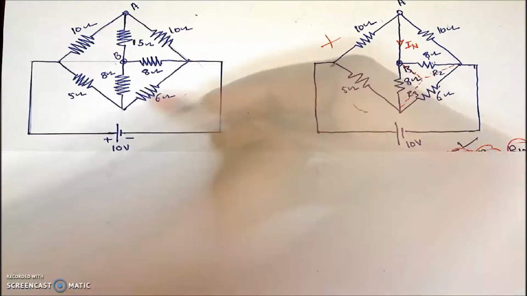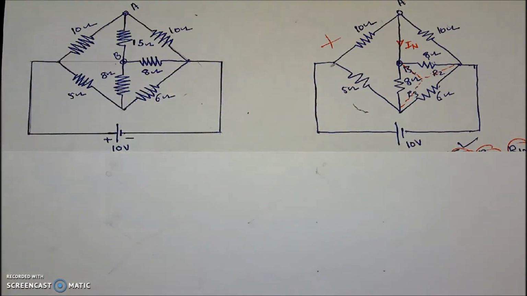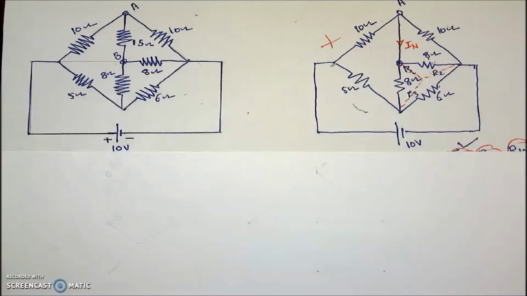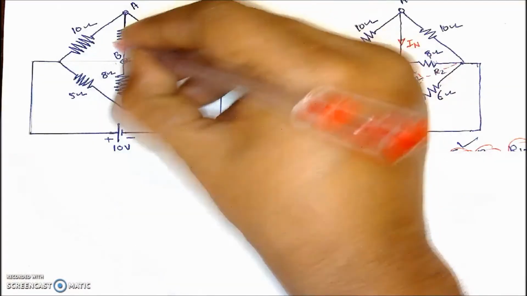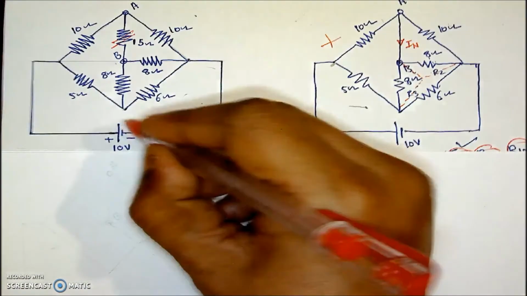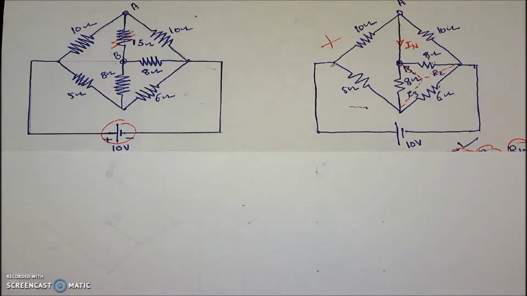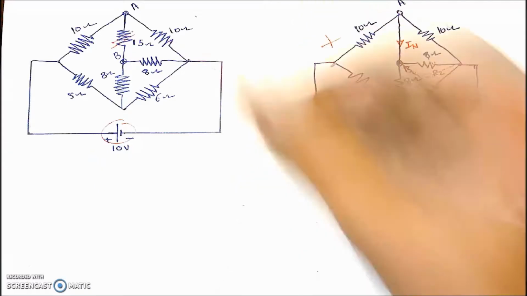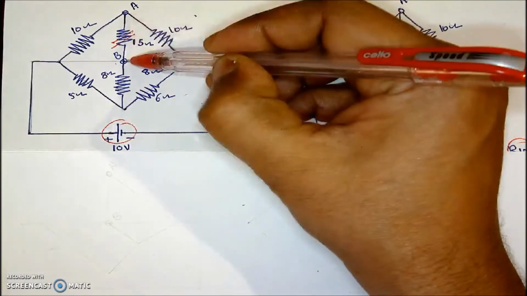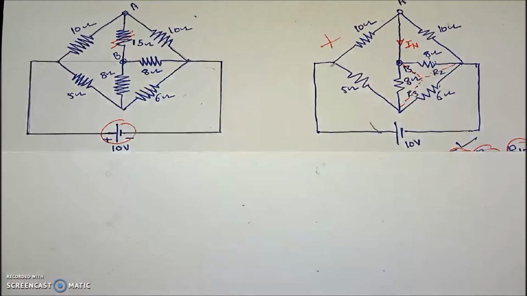For the given figure, remove the load resistance, replace all sources, in this case only one source, by its internal resistance, redraw the figure and calculate the resistance between terminals A and B.